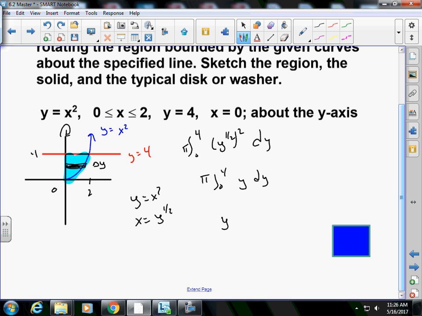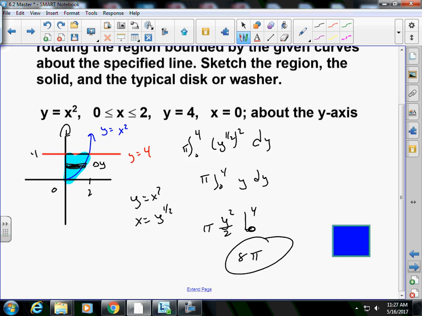I'm going to integrate from 0 to 4. That turns out to be 8 pi. These functions have been pretty simple.